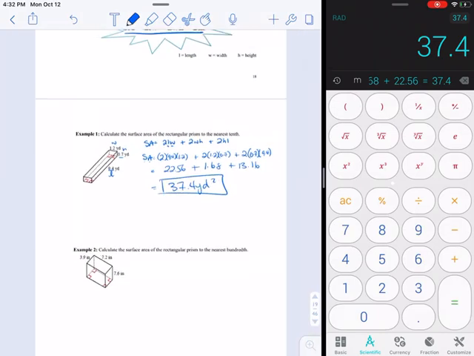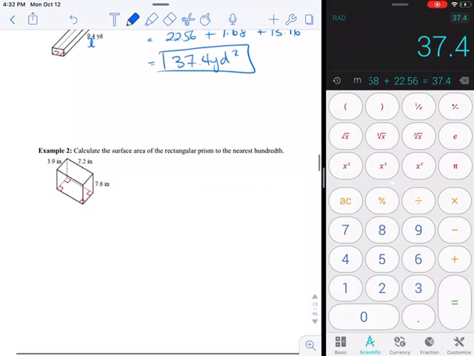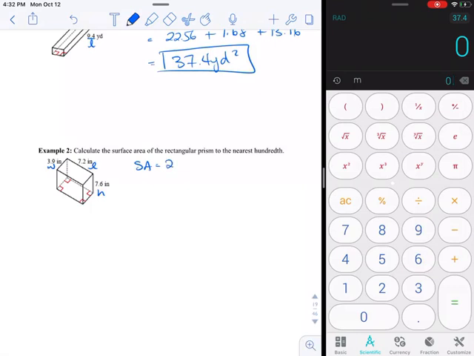So you'll notice that amount of work versus that table, this condenses it a little bit. All right, let's do another example. So we have our length, our width, and our height. So 2 times width times length plus 2 times width times height plus 2 times length times height.